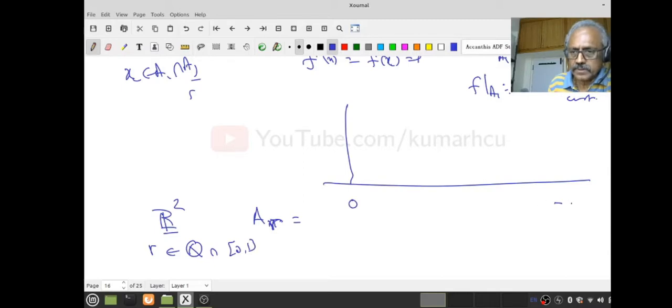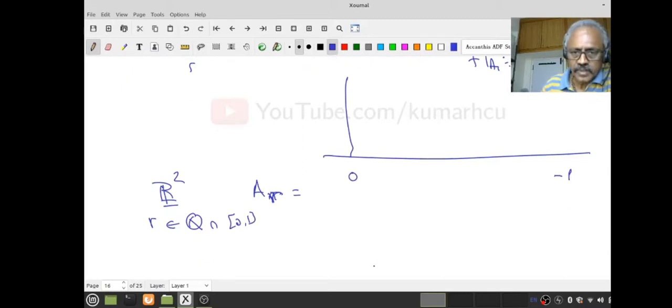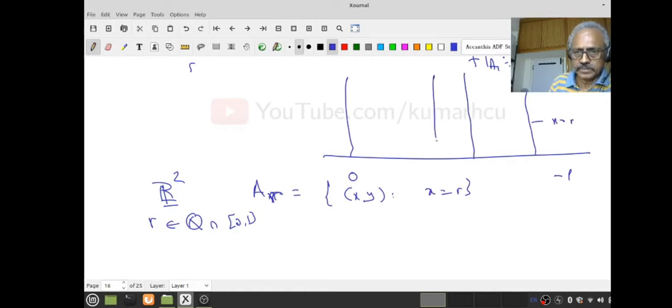This is 0, this is 1. And what is Ar? Ar is this line. Ar is the set of all (x, y) so that x equals r. This is the line x equals r. So at each r I am producing this line. And let B be the x-axis.